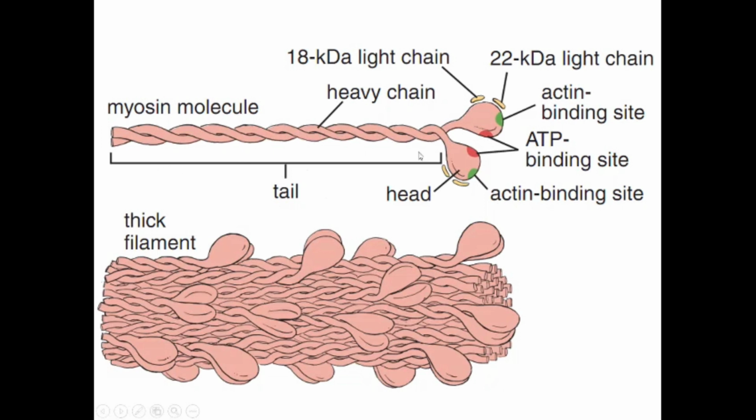By assembling several hundreds of myosin molecules, we have a thick filament. In the thick filament, you can see we have an overlapping of tail parts, and all of the heads go out of the thick filament, usually toward the ends of the thick filament.